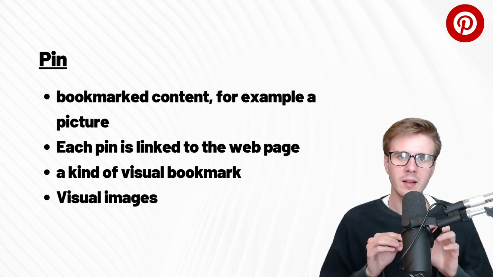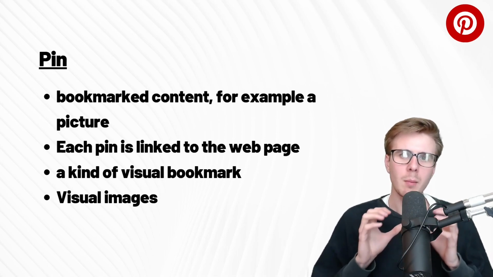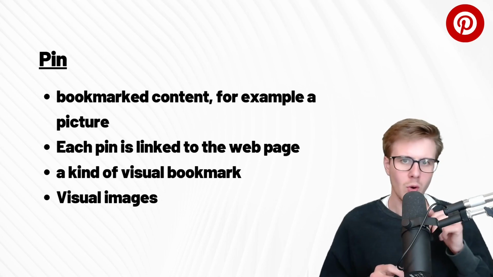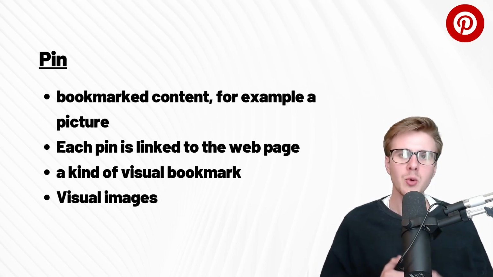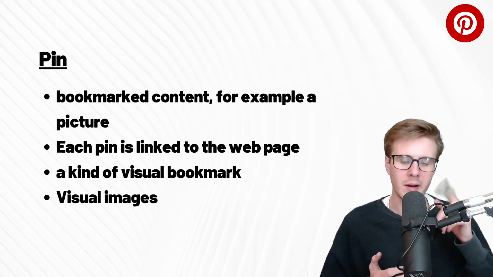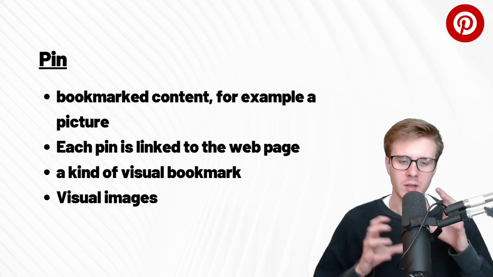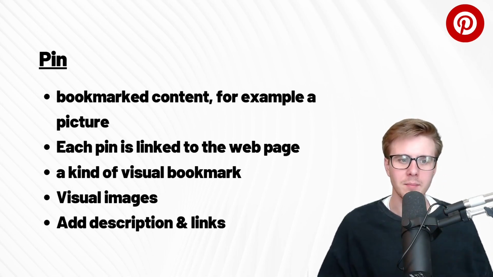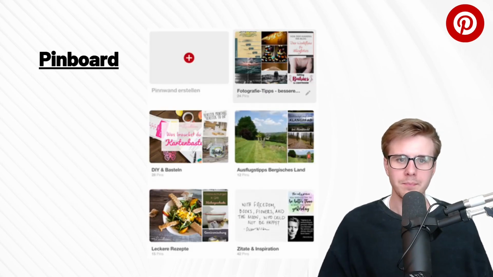So you can take your time, but you can also scroll pretty fast if you want. You can decide that. On TikTok, of course, everybody's swiping because the platform is made for exactly that. You can add descriptions and links, we already talked about that.